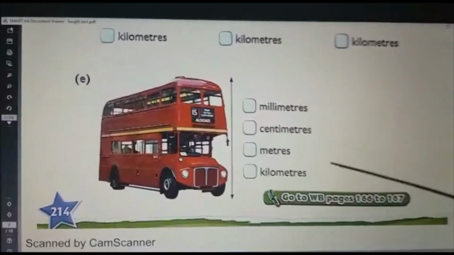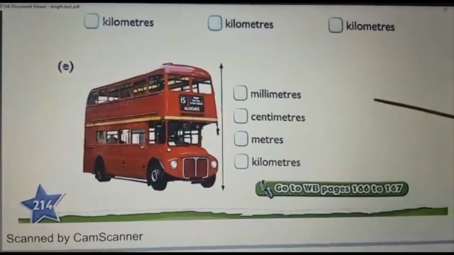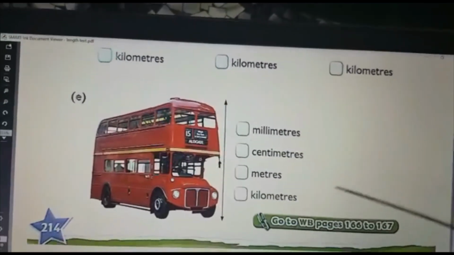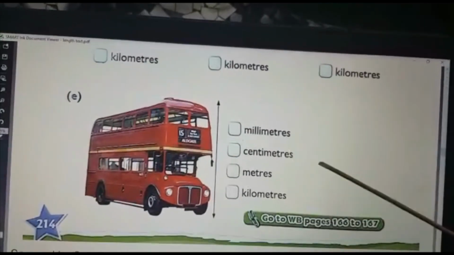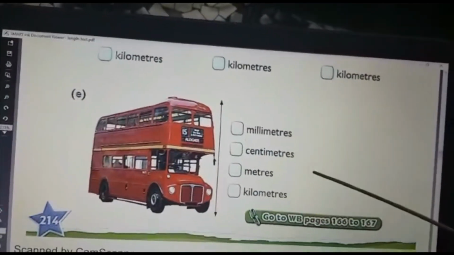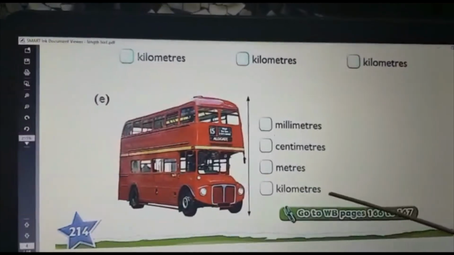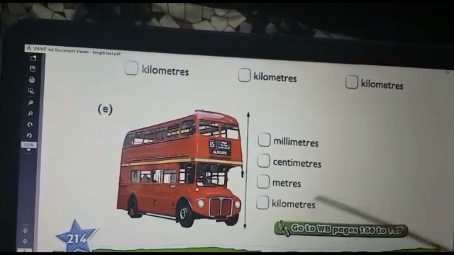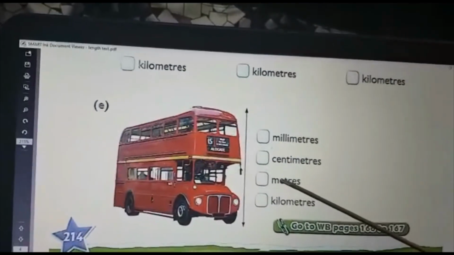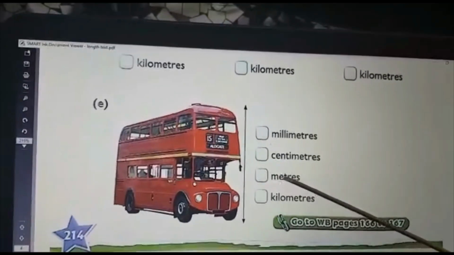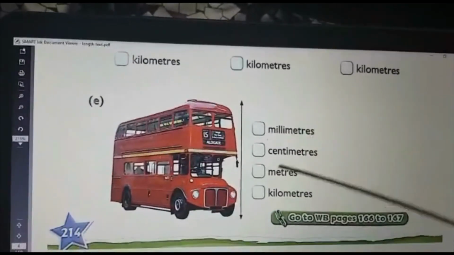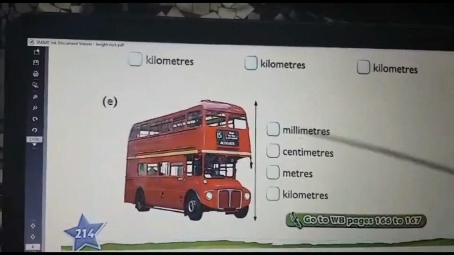Centimeter also we can use, but that is not the apt one. Do you need to use kilometer? No, kilometer is for measuring very big things, right? So which one will be apt in this case? It will be meter, is it? So only tick meter. Like that you can do this. This is page number 214. This is the homework.